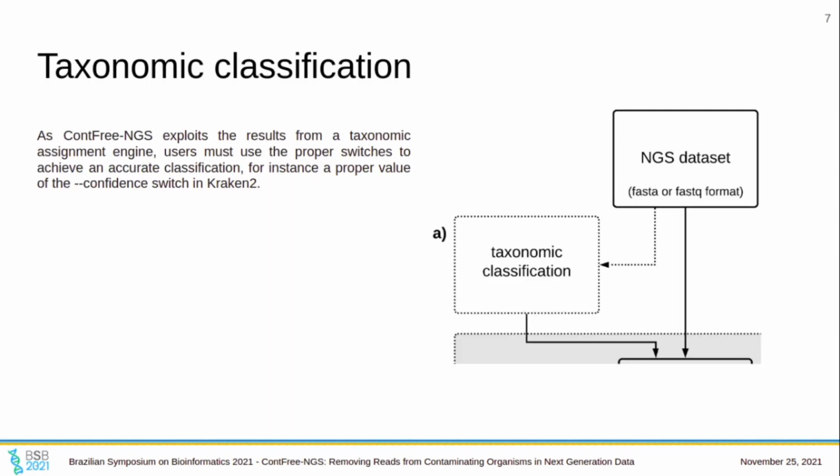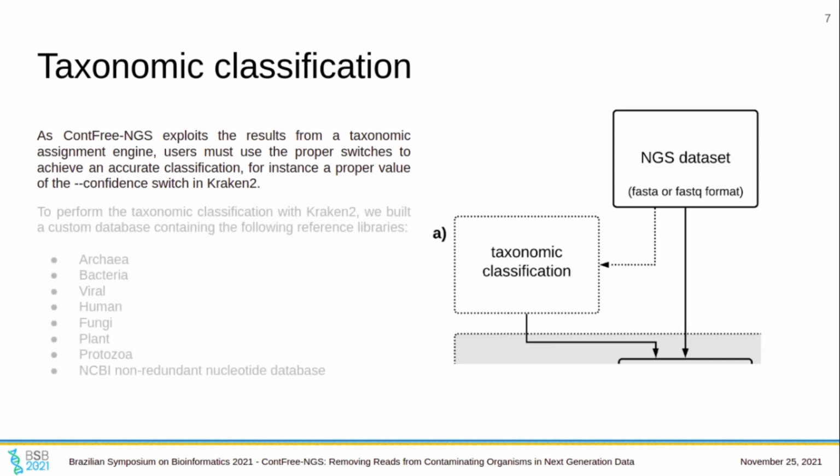So here, the first step is the taxonomic classification, and as ContFree-NGS exploits the results from a taxonomic assignment engine, users must use the proper switches to achieve an accurate classification. For instance, a proper value of the confidence switch in Kraken 2.